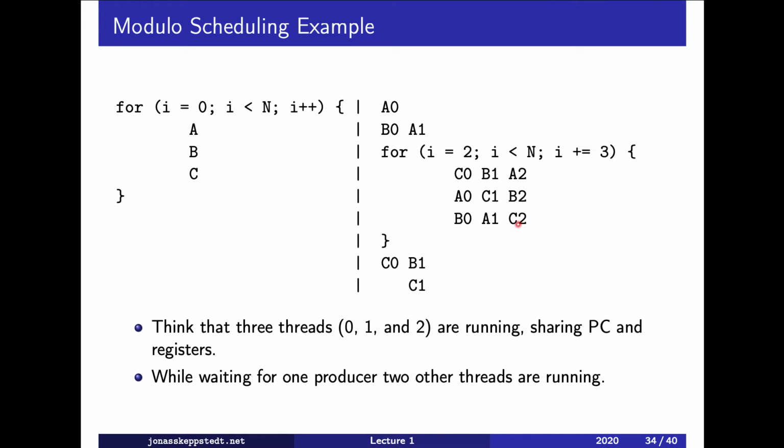For instance, here we do one A from this column, and then we need to finish that. And also a C operation from this column. If there are no dependencies between the iterations, then we can do this and essentially avoid the pipeline stalls.